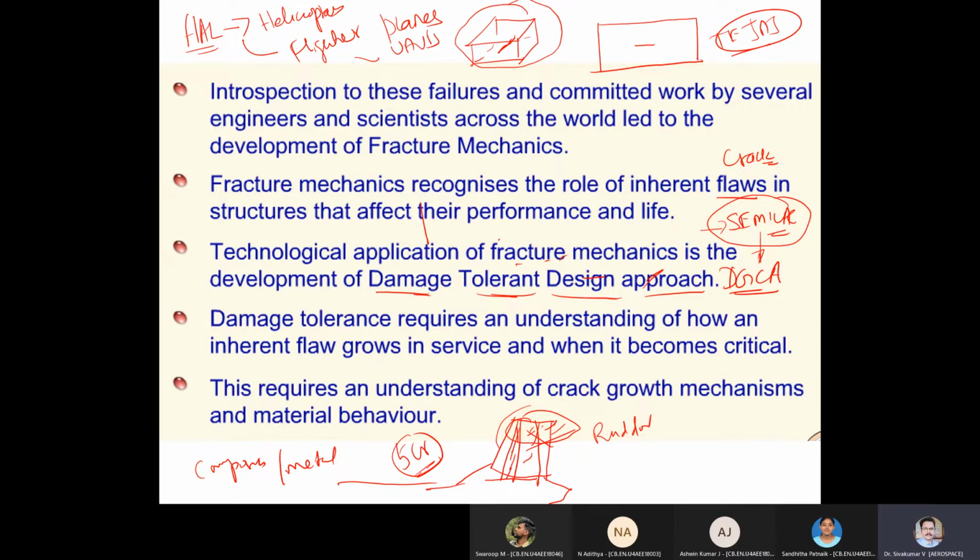Suppose you take a composite wing, when you are fabricating or attaching it, by mistake something falls, because in a manufacturing plant there are huge things and so many items flying around. That may cause damage. Initially you won't find anything, but in service load, damage appears, because there will be some weak point.